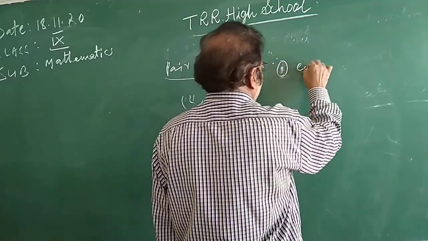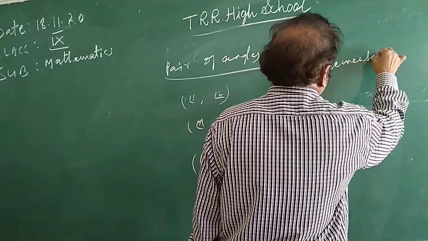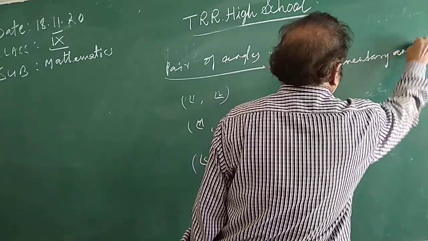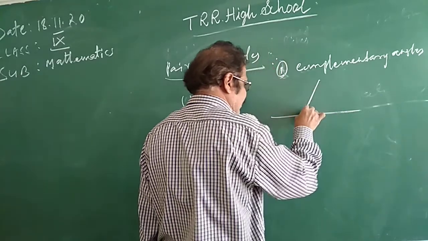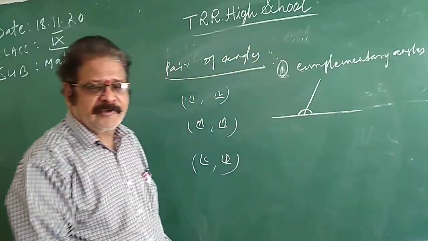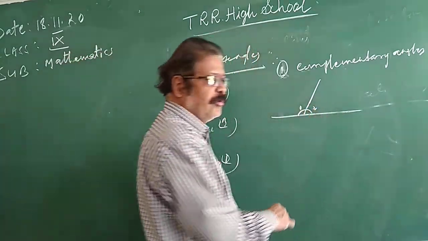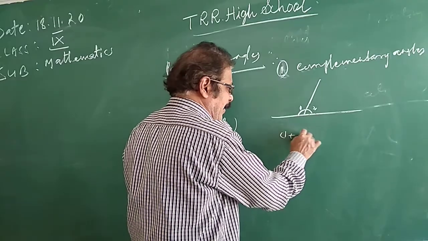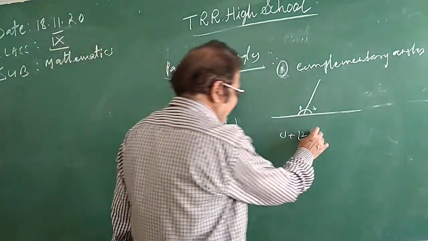In this pair of angles, let us discuss complementary angles. What are complementary angles? For example, this line is there, this line is there. The sum of these two angles, angle 1 plus angle 2, is 90 degrees.